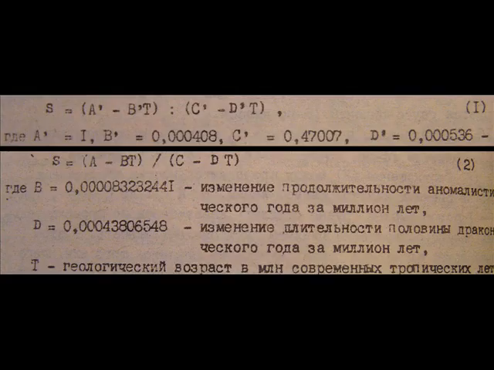The essence of Professor Afanasyev's method, called the nanocycles method, is that it finds cycles in geological deposits in the varves, the annual deposits made, and these cycles are affected by the moon's orbit.